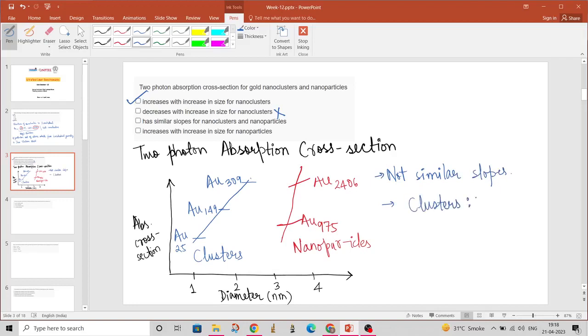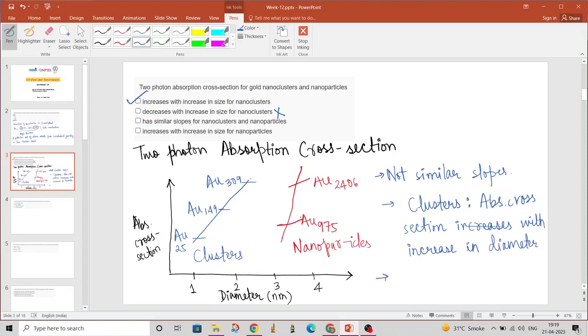For clusters, the absorption cross section increases with increase in diameter, and increases with increase in size of nanoparticles.